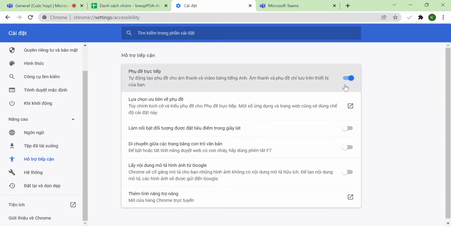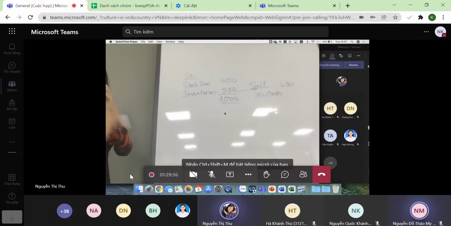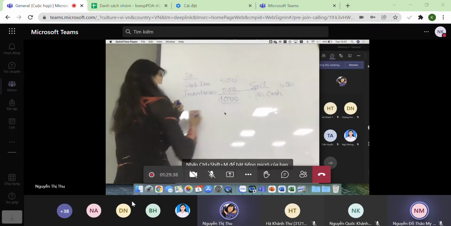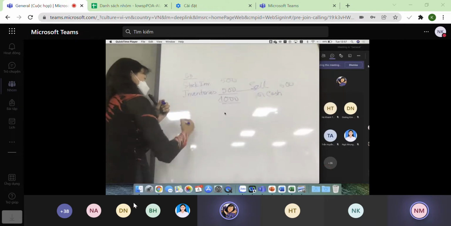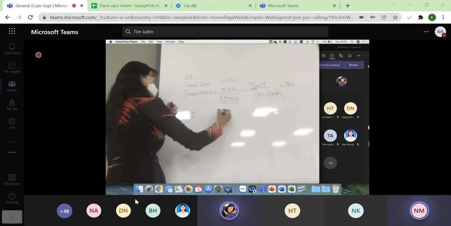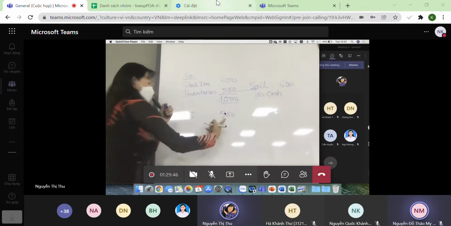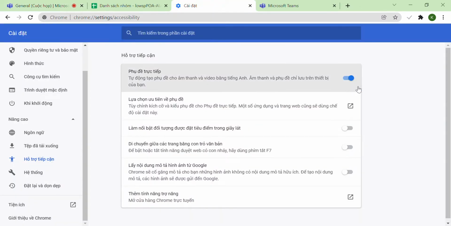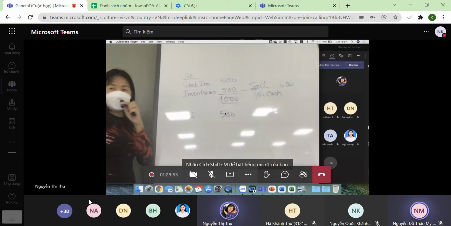After that, group 3 still has the stock investment of 500 and no inventory, because they already sold them all.